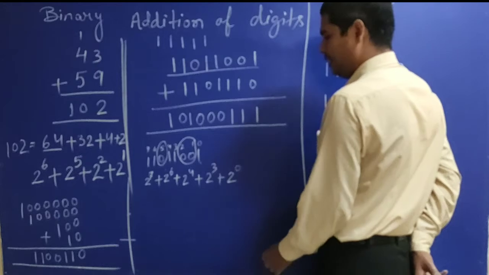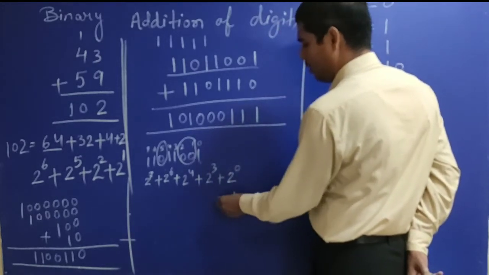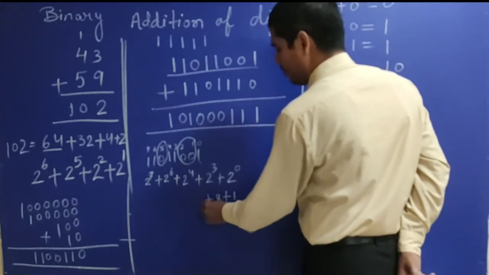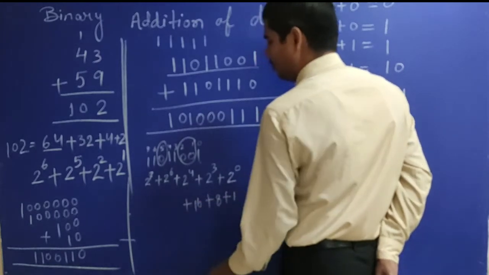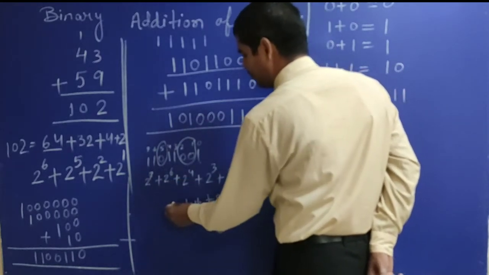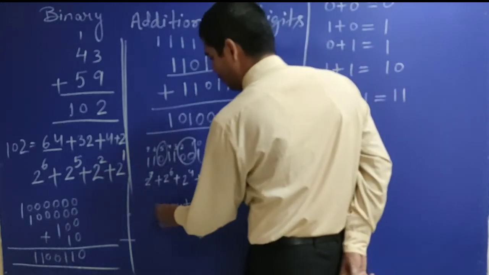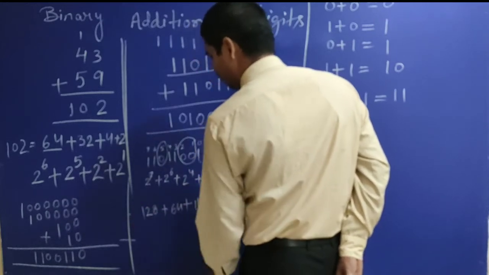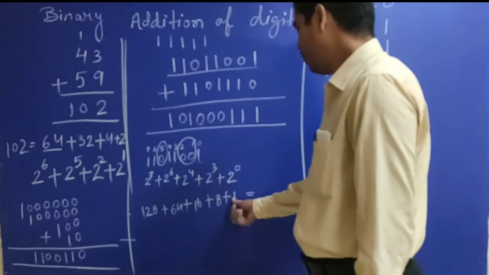Now 2 to the power 0 means 1, 2 to the power 3 means 8, 2 to the power 4 means 16, 2 to the power 6 means 64, 2 to the power 7 means 128. Now we will add these numbers.